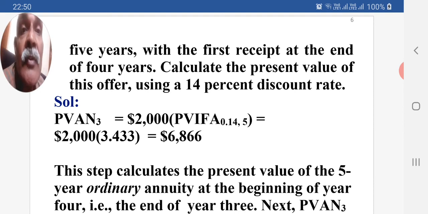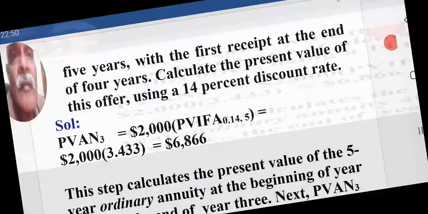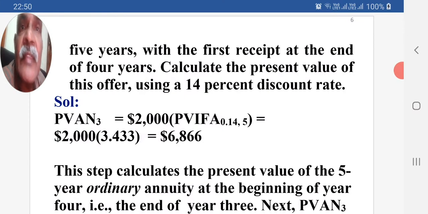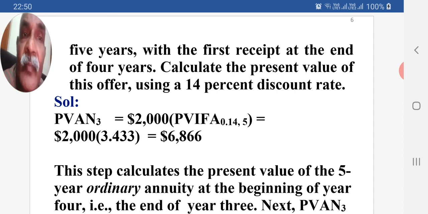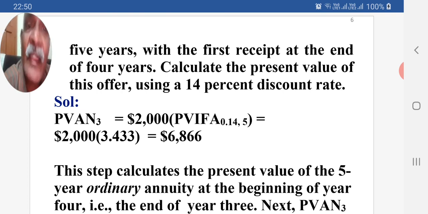So 2,000 multiplied by the present value interest factor annuity at 14% and 5 years. When you see the factor table, that factor will be 3.433. When you multiply 3.433 by 2,000, the amount will be 6,866.